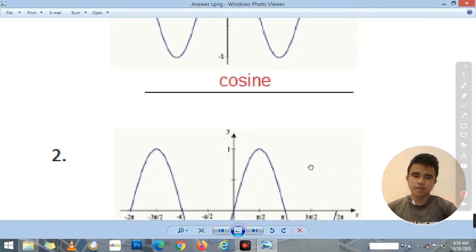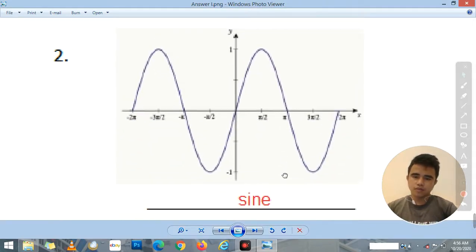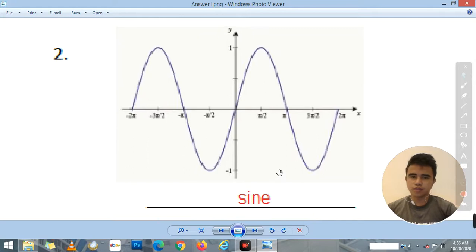Let's proceed to number 2. This is almost similar to the figure in number 1. The only difference is that this curve passes through the origin, which has a coordinate 0, 0.